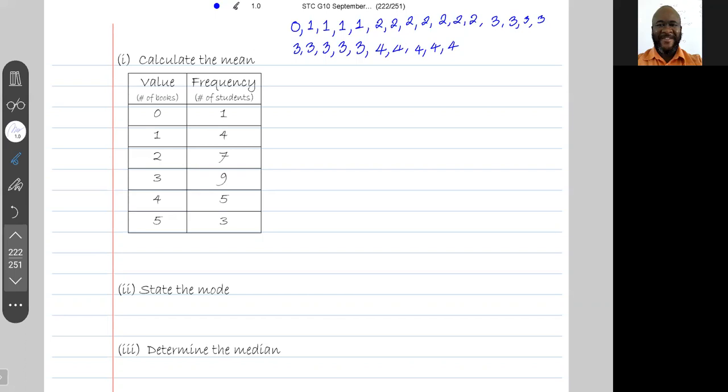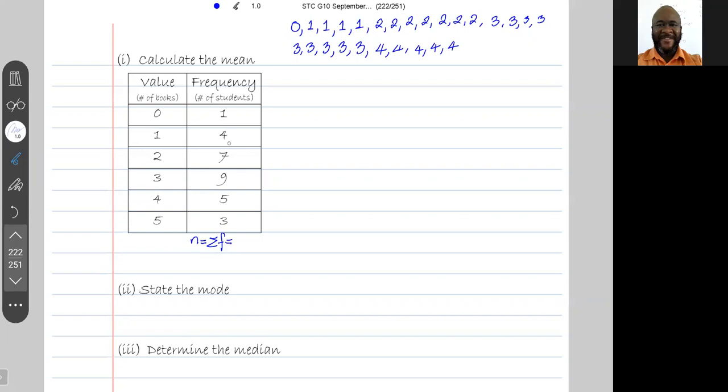So the first thing we were asked is, how many students took part in the survey? Guys, N, which is the number of values, is equal to the sum of the frequency. So if we add up the frequency, we'll determine how many persons took part in the survey.